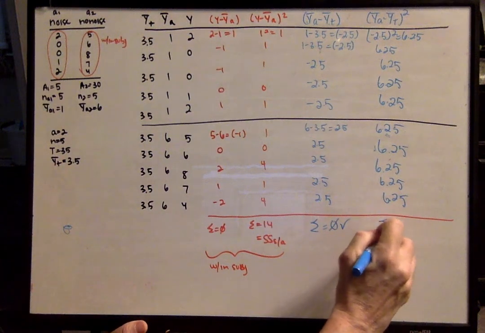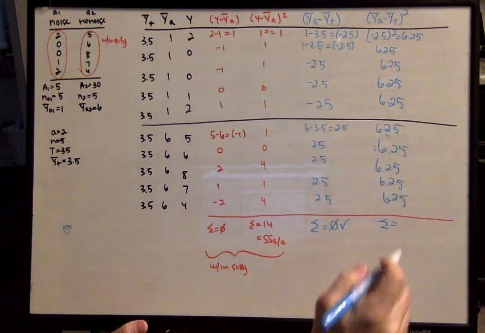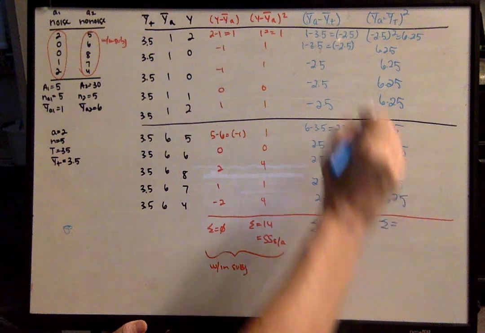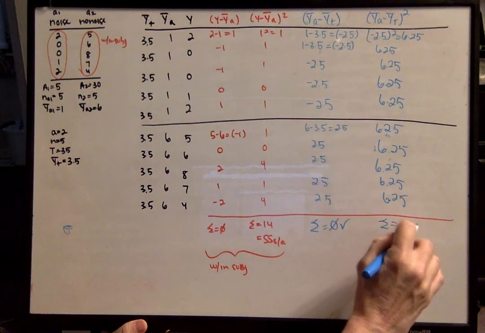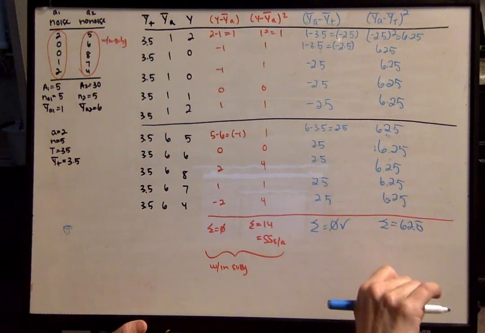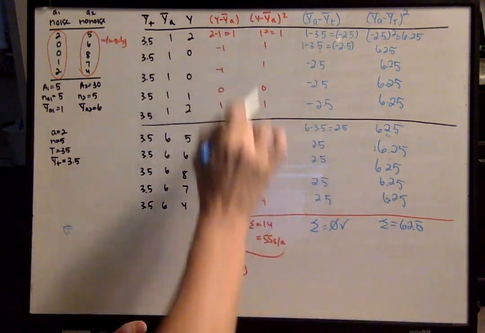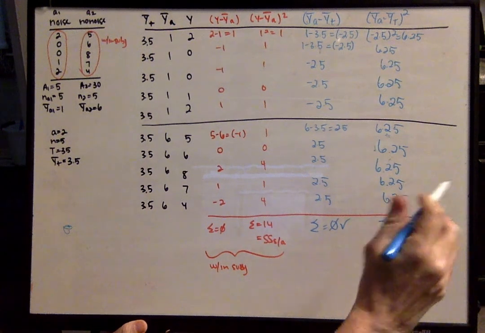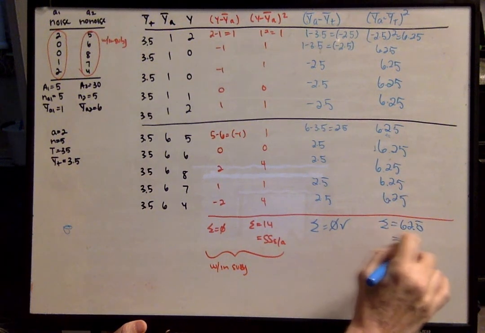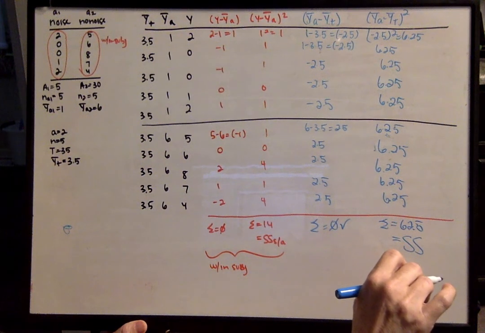And just like we did with our within subjects, we're going to add these all up. So 6.25 10 times is 62.5. And just like over here, this is the sum of the squared deviations. So this is going to be a sum of squares.